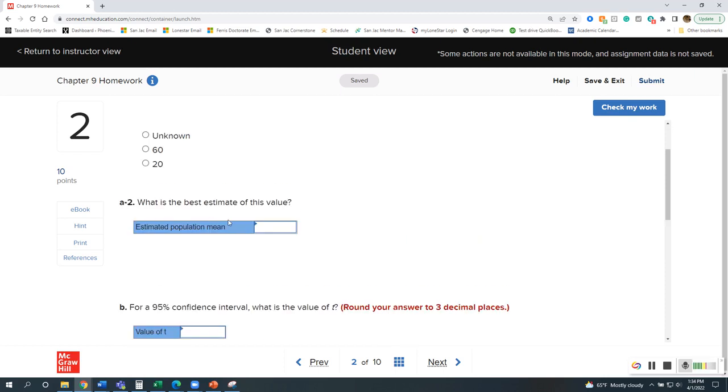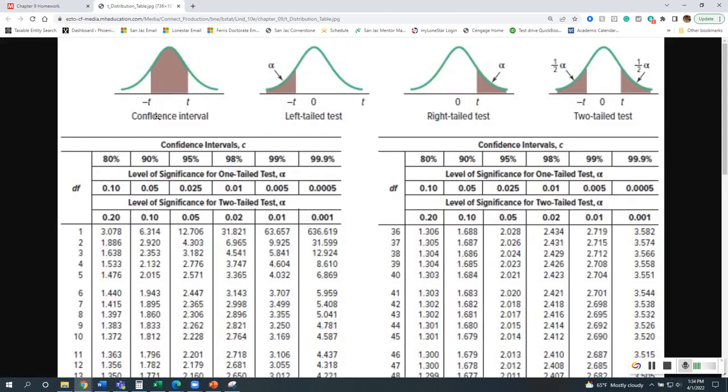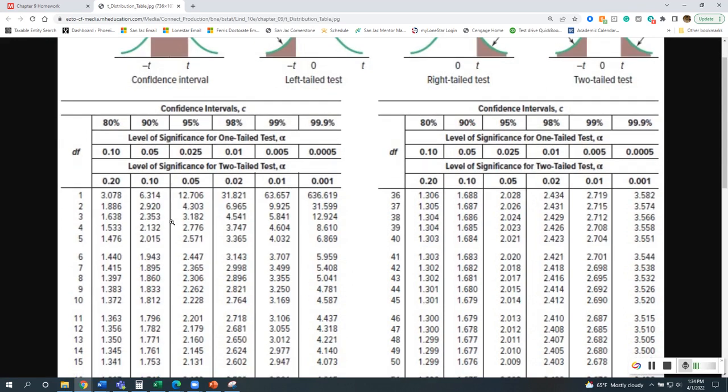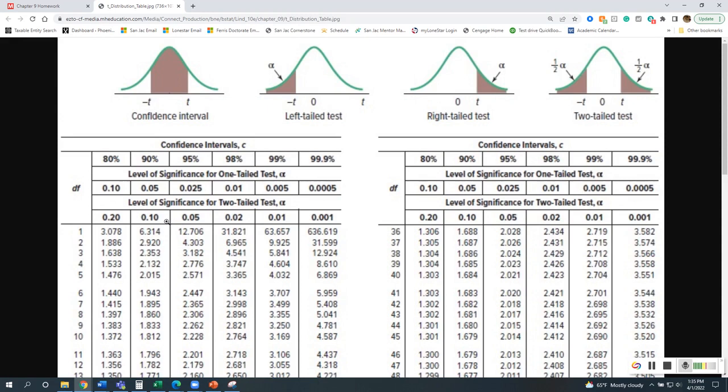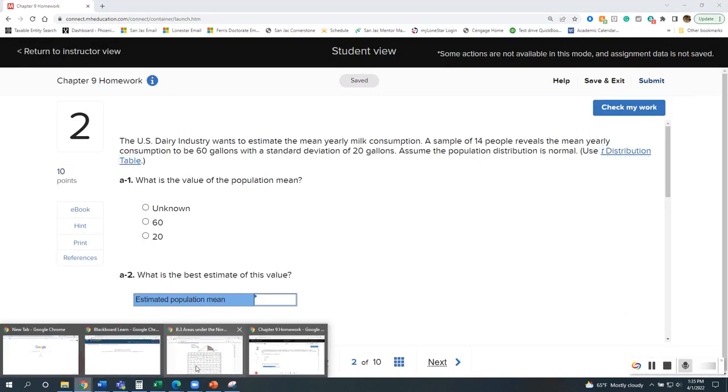Remember, to calculate the T value, we have to go look at our T chart. Go ahead and just click the link. Whoa, this is a unique one. So this is your link right here. I like to use the one that's in the book, so we're going to go back to the book one.